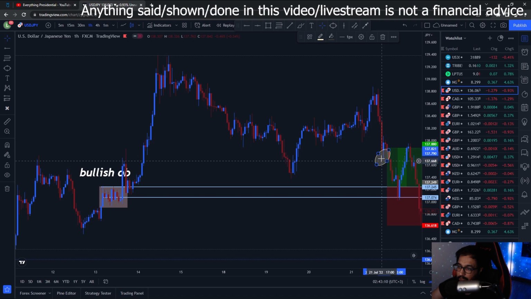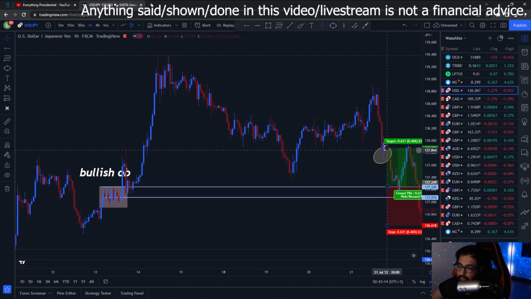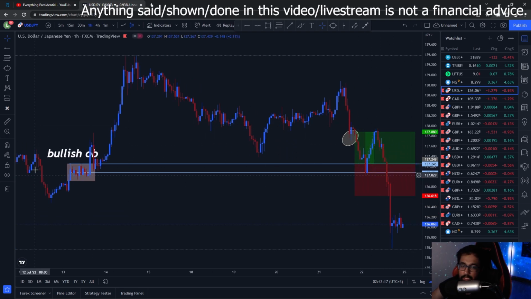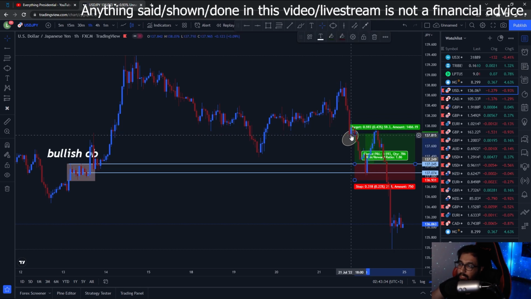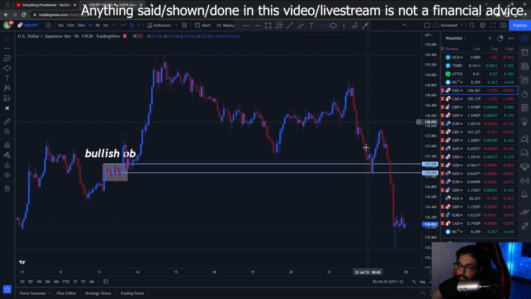You see these two wicks right here? This is a support, previously acting as support, now becoming a resistance. So this is where my take profit is going to be, right beneath the order block, right here somewhere, just where the resistance is going to be. So about a 2-to-1 reward to risk ratio. Not bad, right?